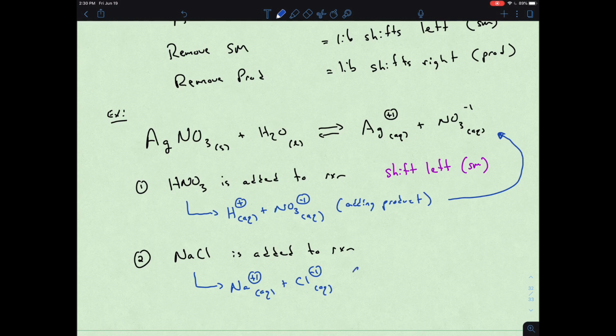That silver +1 plus chloride -1 produces solid silver chloride. So this is like we are now removing starting material.